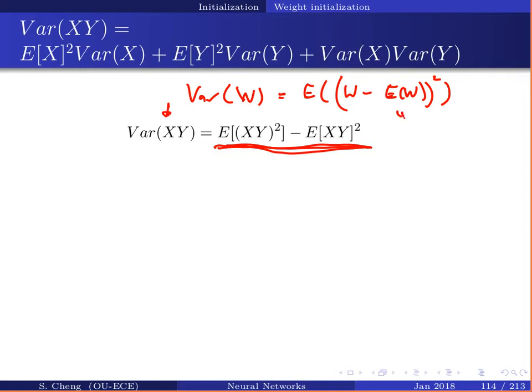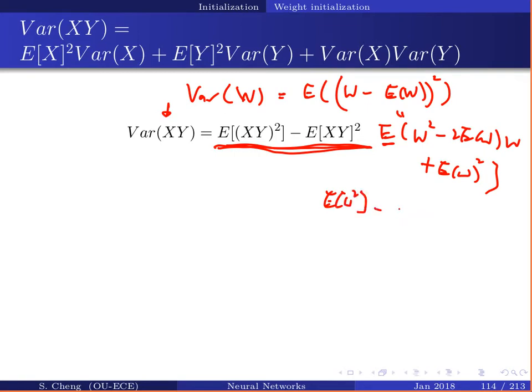If I expand this, I will have W squared minus 2 expectation W times W, plus expectation W squared. Expectation is linear, so I can apply it to each term of the sum: expectation of W squared, minus expectation of 2 expectation W times W, plus expectation of expectation W squared.